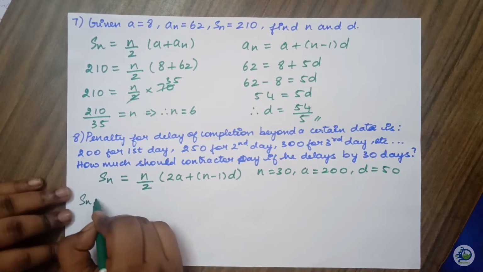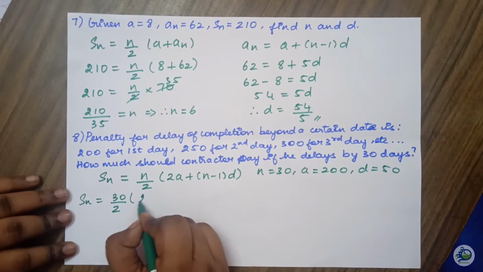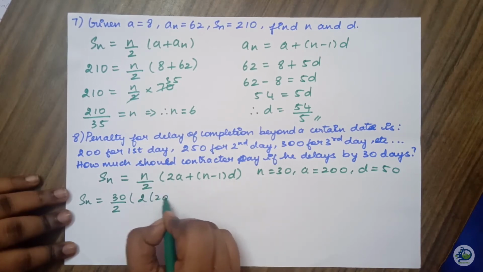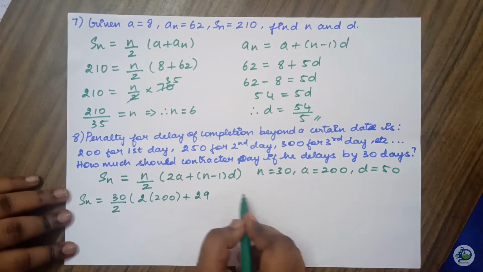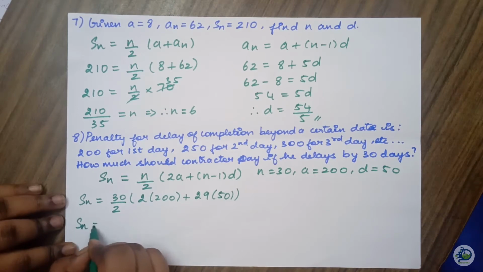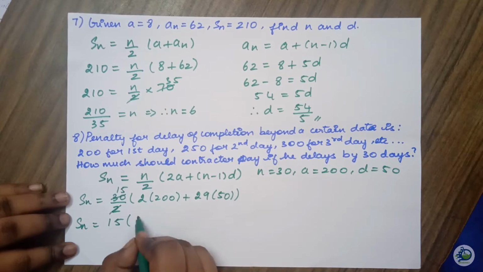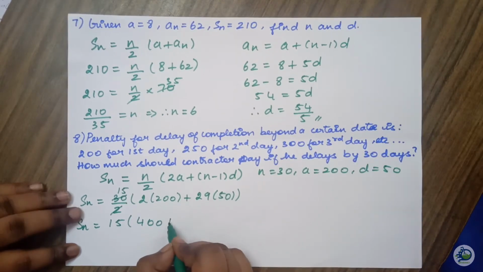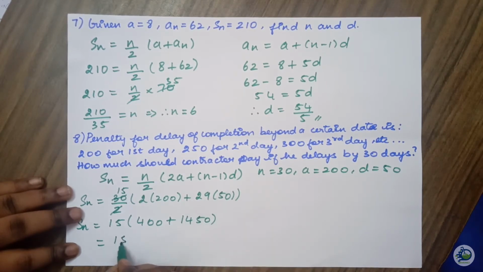So Sn is equal to 30 by 2 into 2 into A, which is 200, plus 30 minus 1 is 29 into D, which is 50. So Sn is equal to, I can cancel, and it is 15 into 400 plus 1450, which is equal to 15 into 1850.